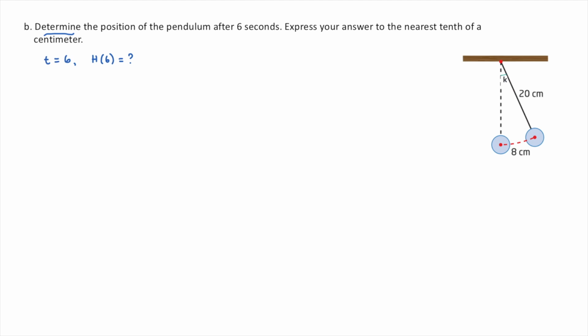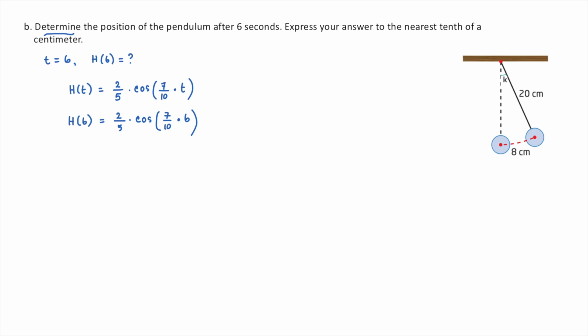So for that, we're going to use the model. We know that h of t is equal to 2/5 times the cosine of 7/10 times t. Now we're going to substitute 6 into t. So then that means 2/5 times cosine 7/10 times 6.